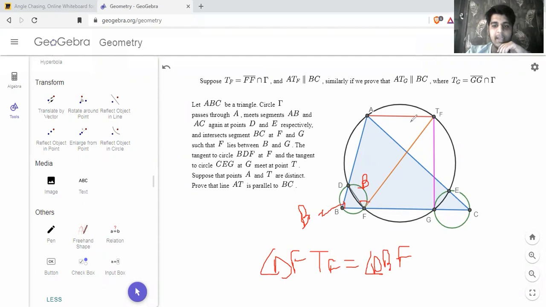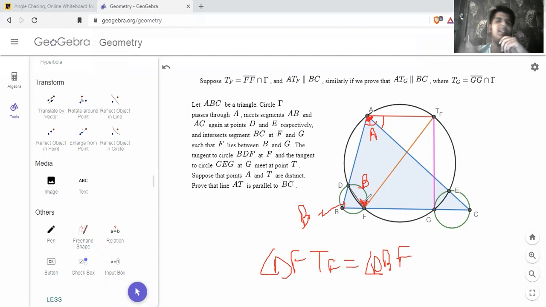Now, since A, D, F, TF is a cyclic quadrilateral, with all 4 points on gamma, and this angle is A, this whole angle plus this angle should be 180 degrees.